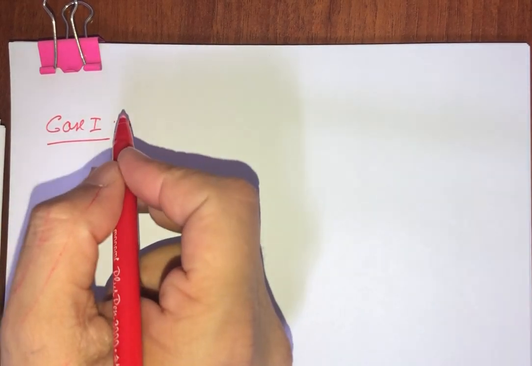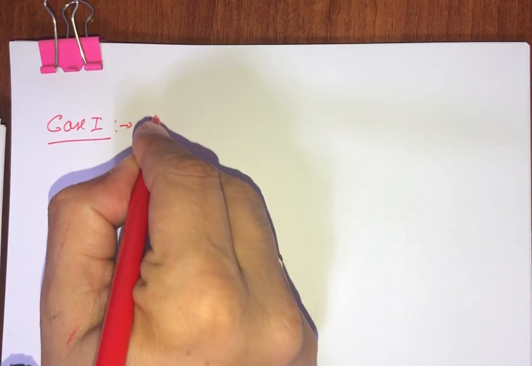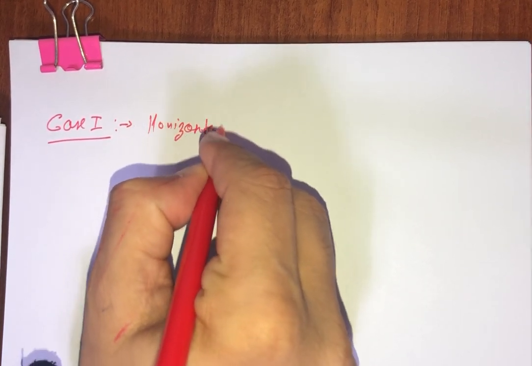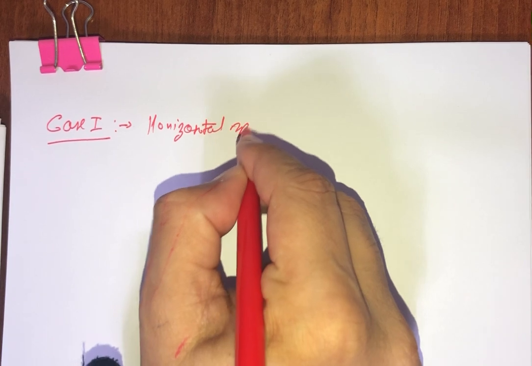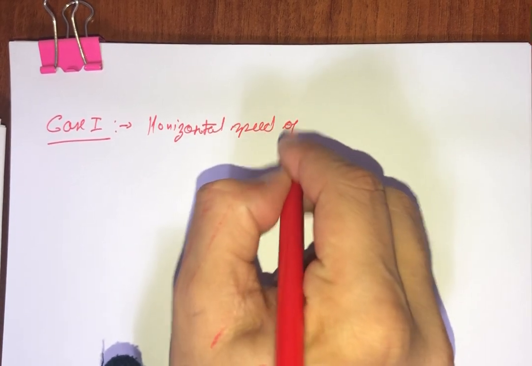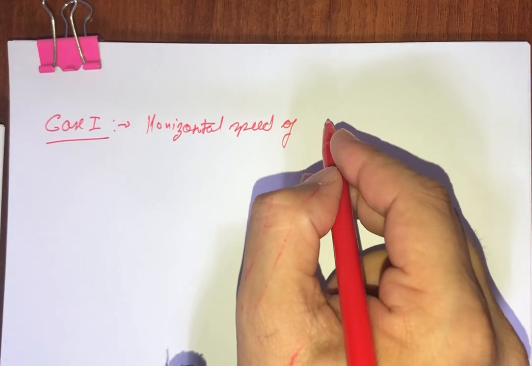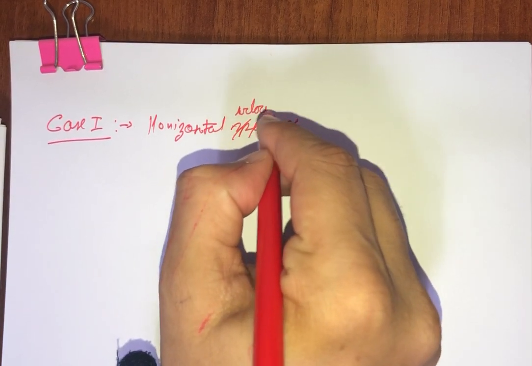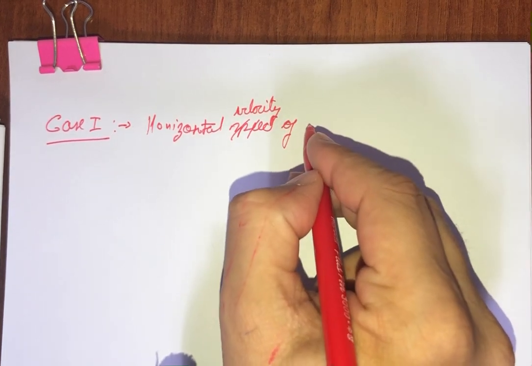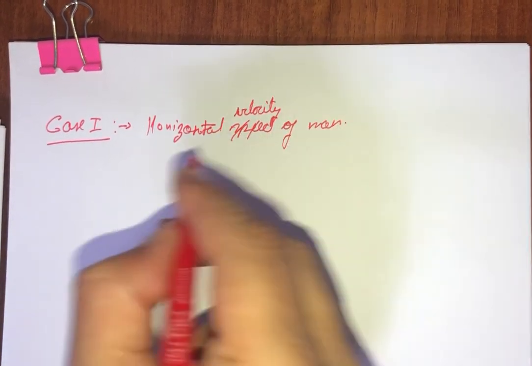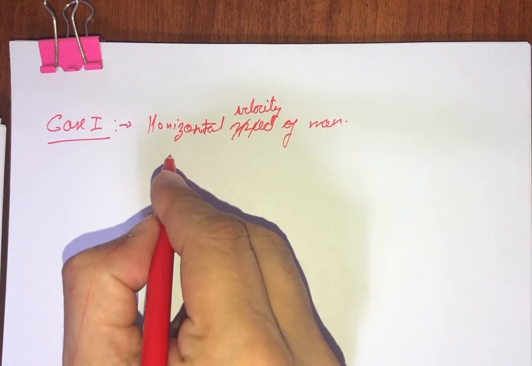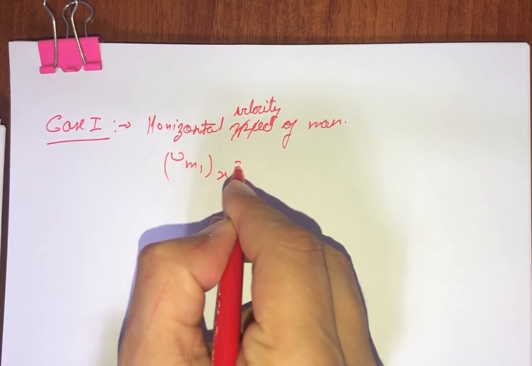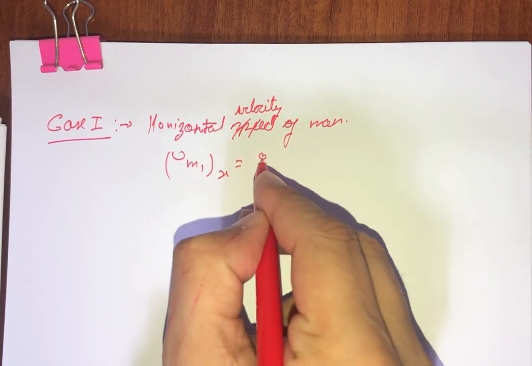Okay, so it's given that the horizontal speed, or rather I can say velocity because it is directional, the horizontal velocity of the man, let us represent it by Vm1 in x direction because horizontal is given as 8.